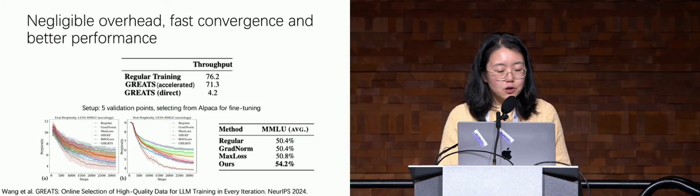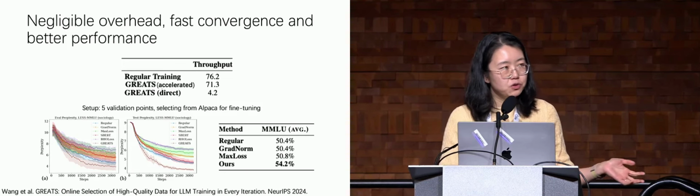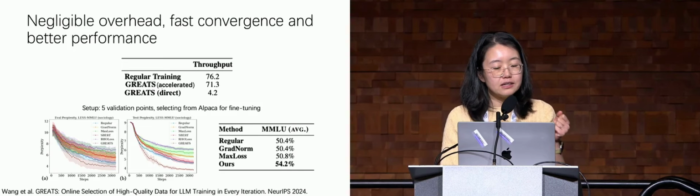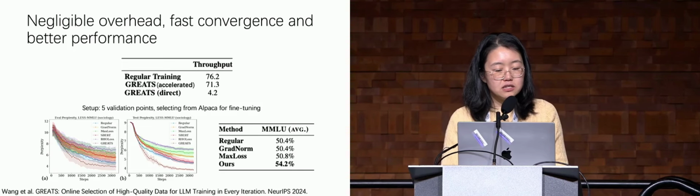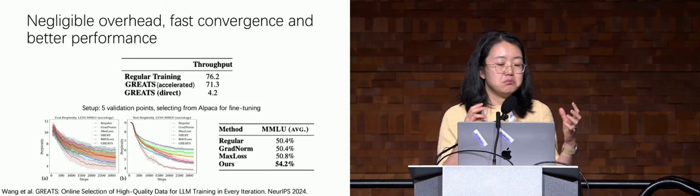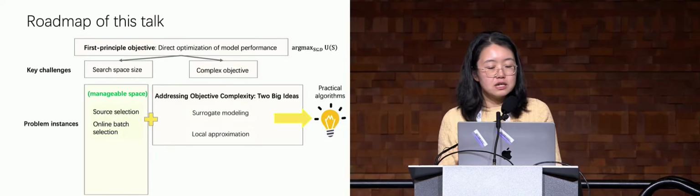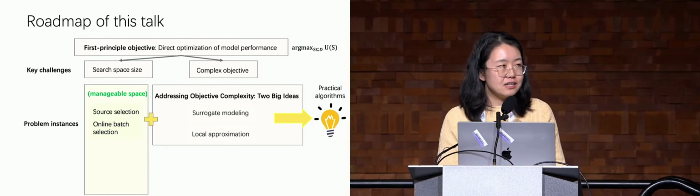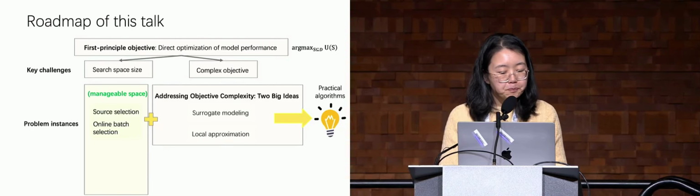And here, grid direct means that you use the dot product to select data, but you calculate the dot product naively. You can see that it dramatically reduces the throughput. This result really highlights that in data selection for foundation models, it is super important to be mindful of your implementation. If you don't implement it in an efficient way, it doesn't help in terms of efficiency.